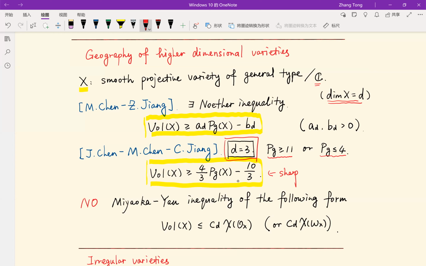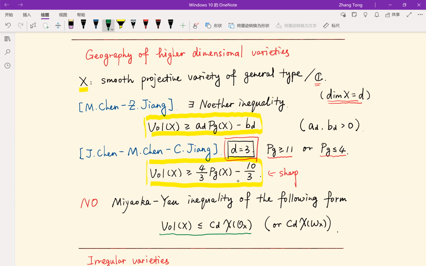Okay, and on this page, the final thing I want to remark is that there's no Miyaoka-Yau inequality of the previous type, which means that if you want to bound the volume from above by the Euler characteristic of the structure sheaf or the dualizing sheaf, it's somehow impossible.